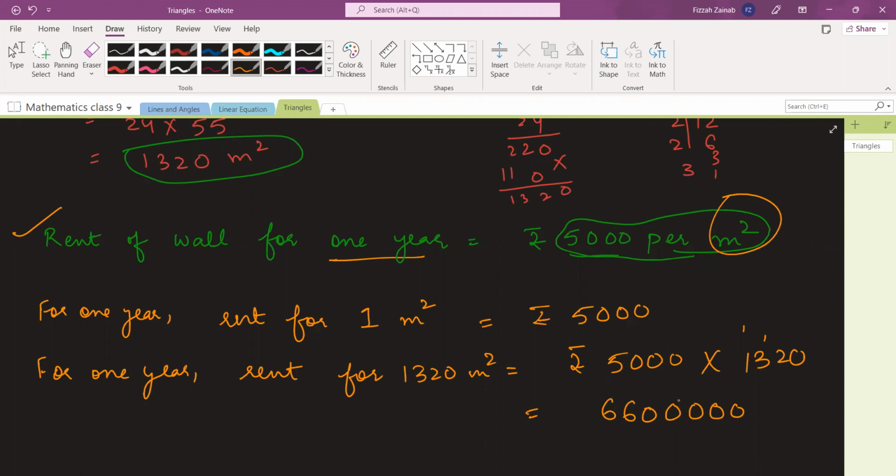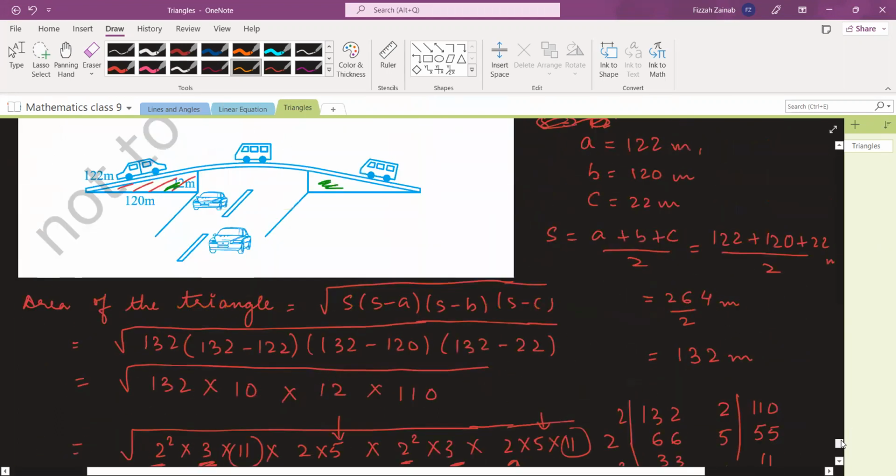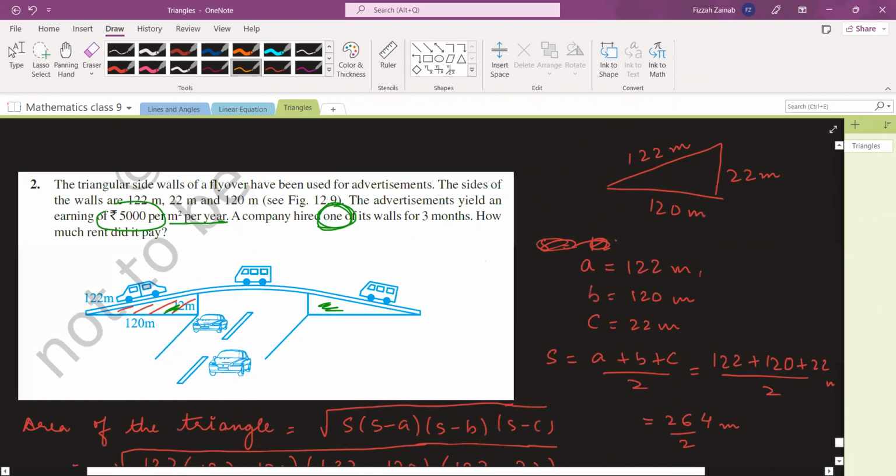Right. So this is for 1 year. Now the company is taking it only for 3 months. Do you understand the question? Only for 3 months they are taking, and in 1 year you have 12 months, right?